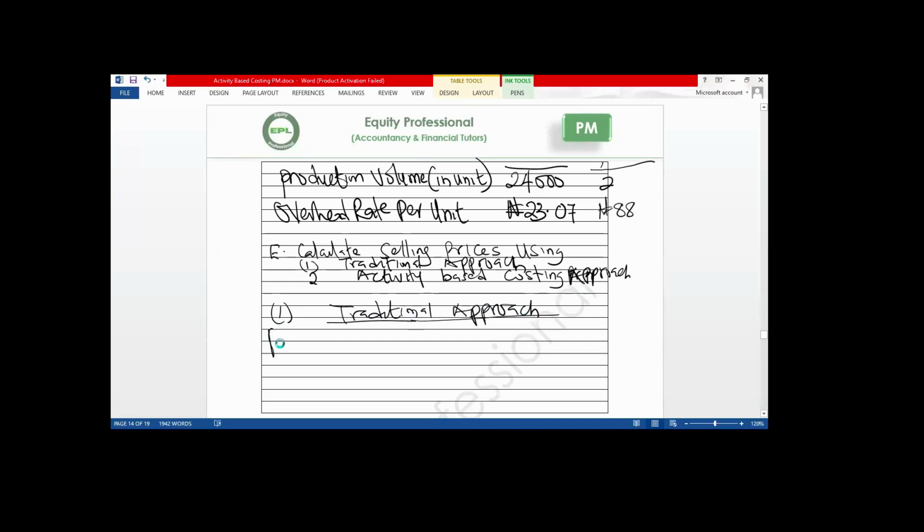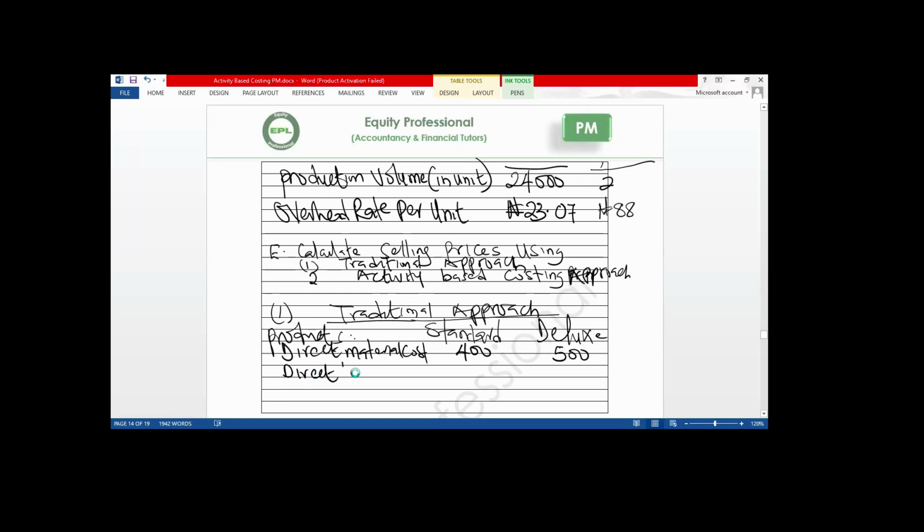You have your products. You have standard. You have dealers. Direct material cost: this is 400 naira, this is 500 naira.